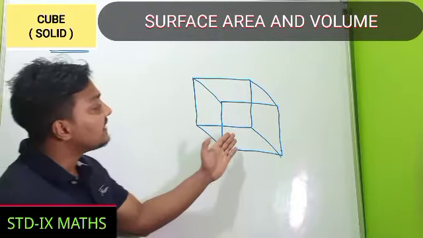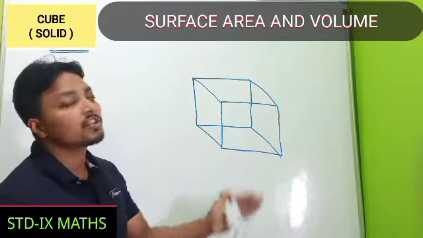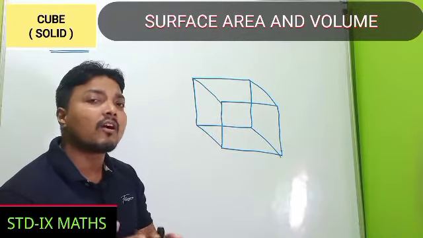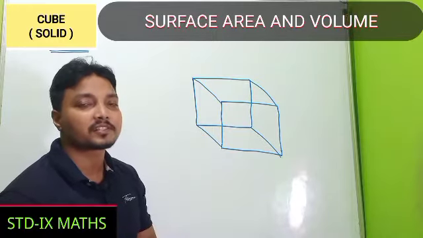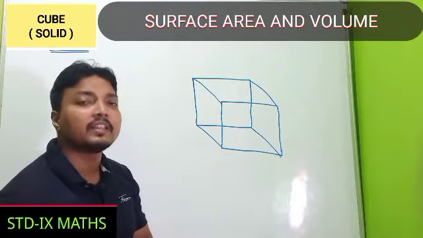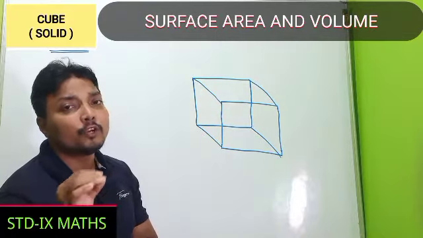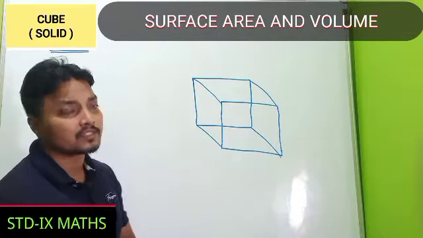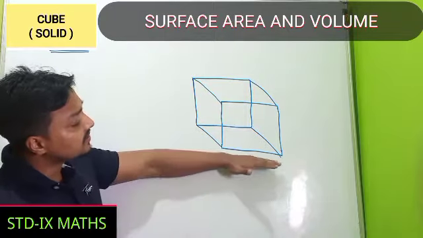This cubical structure, in other words, is called a square box, just like a cuboid is called a rectangular box. But here there is one restriction.